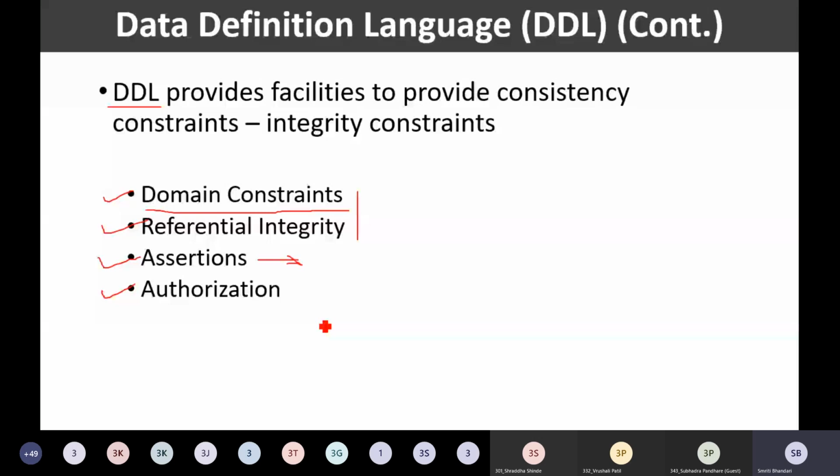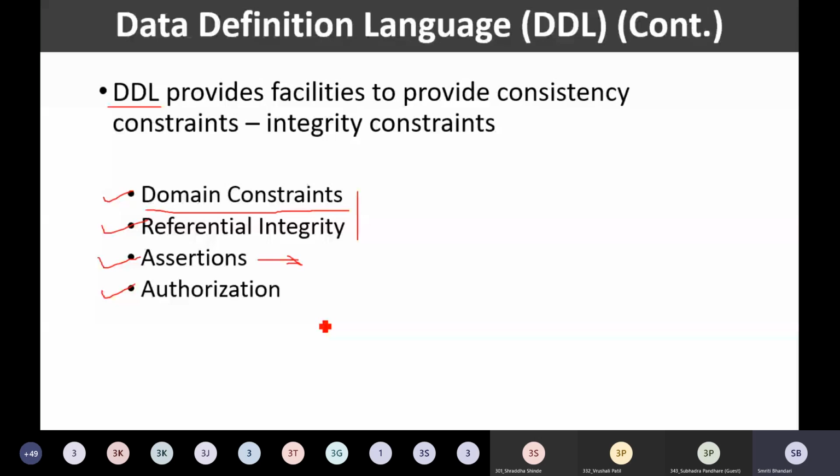But now the authorization for the user instructor and for the user student might be different. The rights provided to the instructor and the rights provided to the student are different. So what kind of data can be accessed by what kind of user is defined by this authorization constraint.